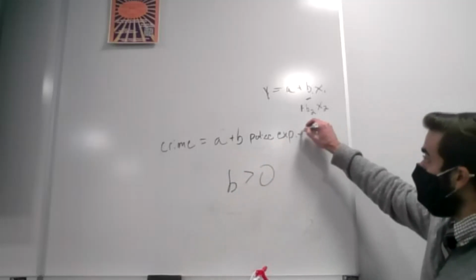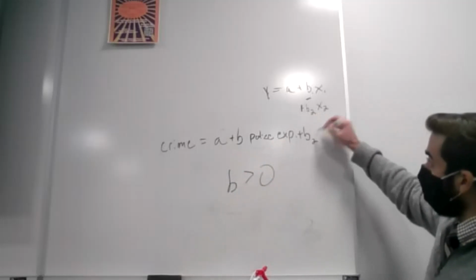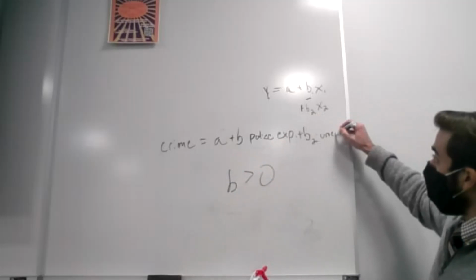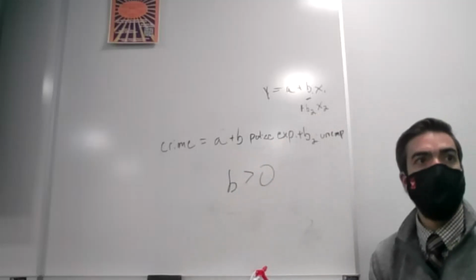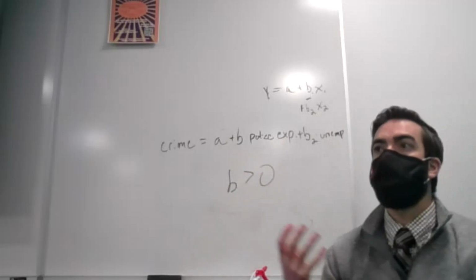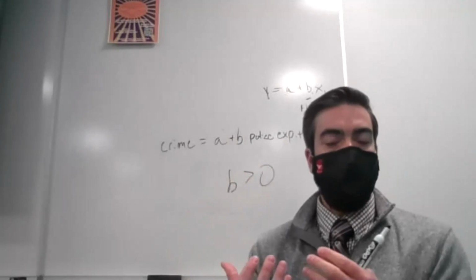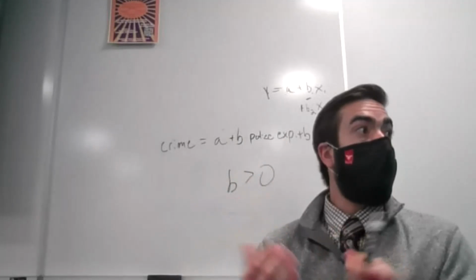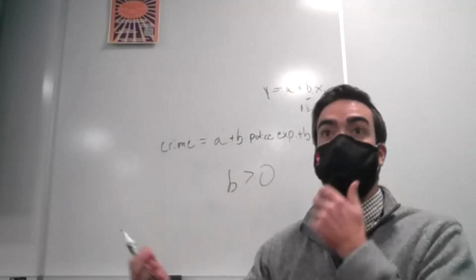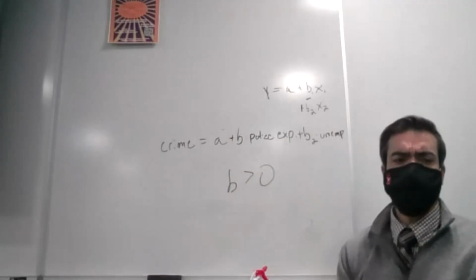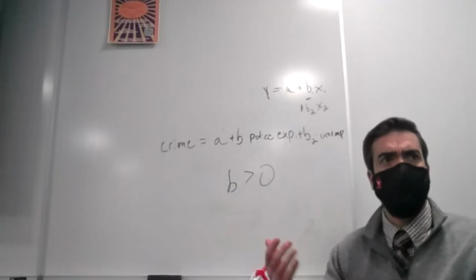You can start adding them in as additional variables. So let's say I just add in one, which is the unemployment rate. The unemployment rate is trying to somewhat capture the socioeconomic level of that county, as well as maybe job opportunities, right? We know that crime and unemployment are highly correlated.